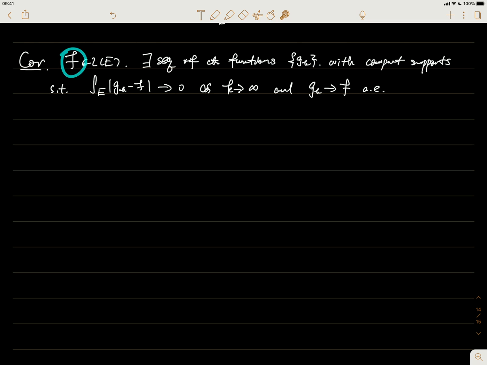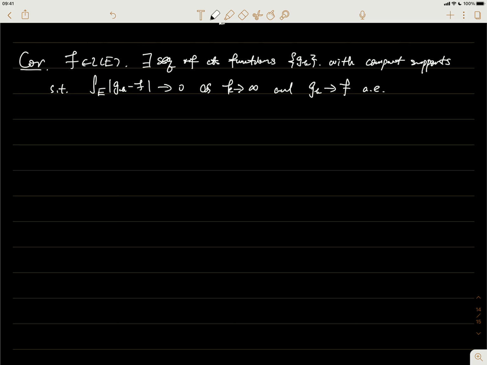Remember that this f is just integrable, so it's a measurable function. It could be really strange, but now we show that we can find a sequence of continuous functions with compact support that converge to f almost everywhere. The integral of f can be approximated by the integral of g_k as well.